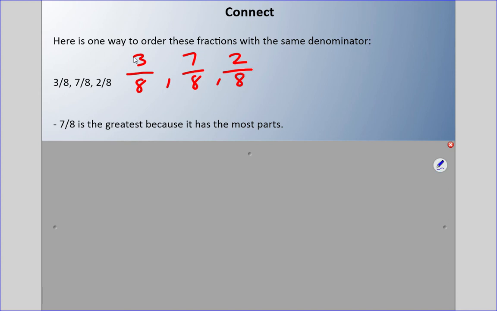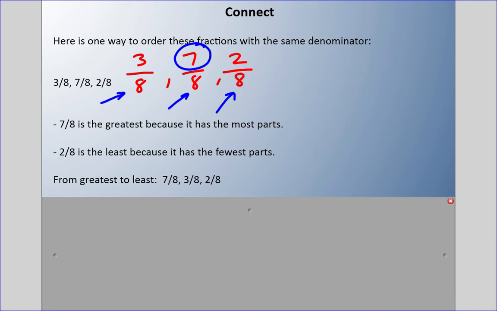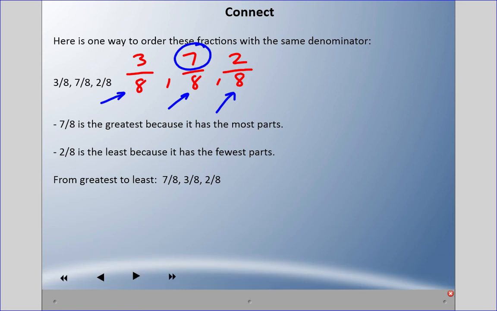Now, this only works if the denominators are the same, and they're all 8. So we would look at the numerator. That is the greatest numerator. Therefore, it is the largest fraction. 2/8 is the smallest fraction, or the least fraction, because it has the fewest parts being counted. And so from greatest to least, it is 7/8, 3/8, then followed by 2/8.